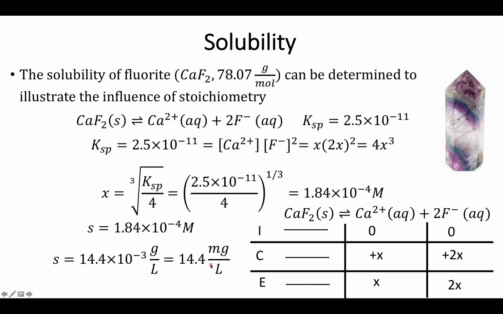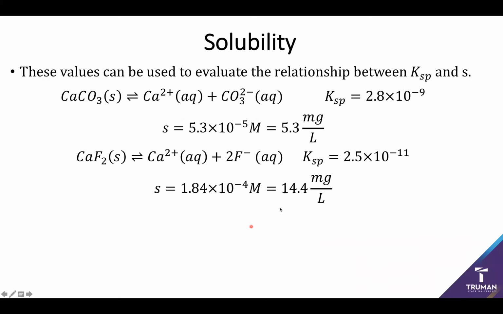Now let's go ahead and contrast that to our calcium carbonate, because you may notice that something interesting happened here. Calcium carbonate has a larger KSP value, but a lower solubility. So looking at KSP alone, we would expect the calcium carbonate to have a higher solubility, but instead it has a lower.